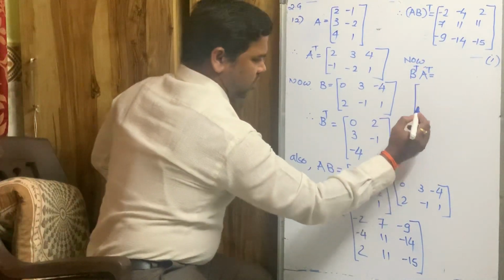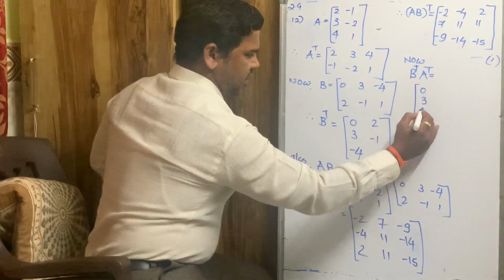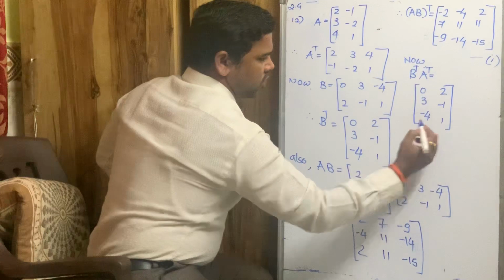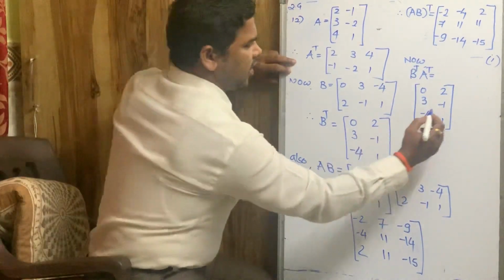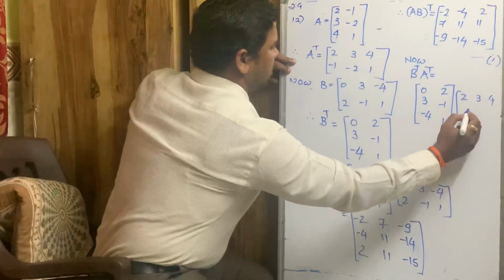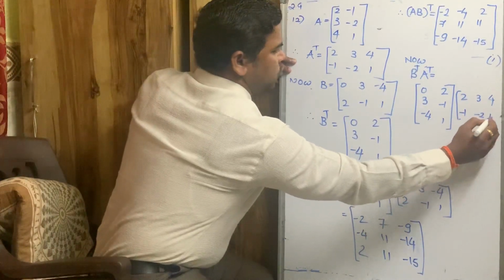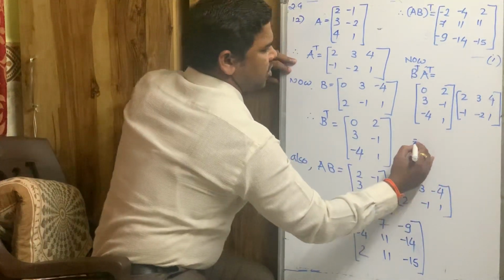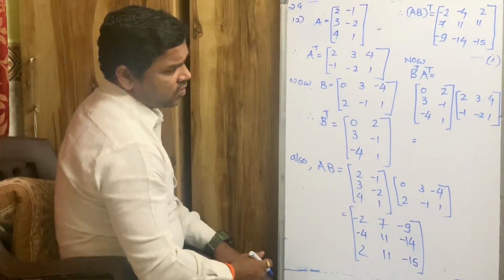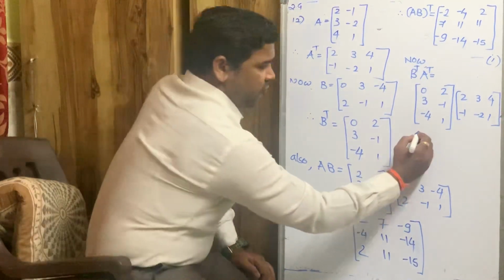B transpose is nothing but 0 3 minus 4, 2 minus 1 1. A transpose is nothing but 2 3 4, minus 1 minus 2 1. Just make a multiplication, the same way we have just done, we have to perform the multiplication.